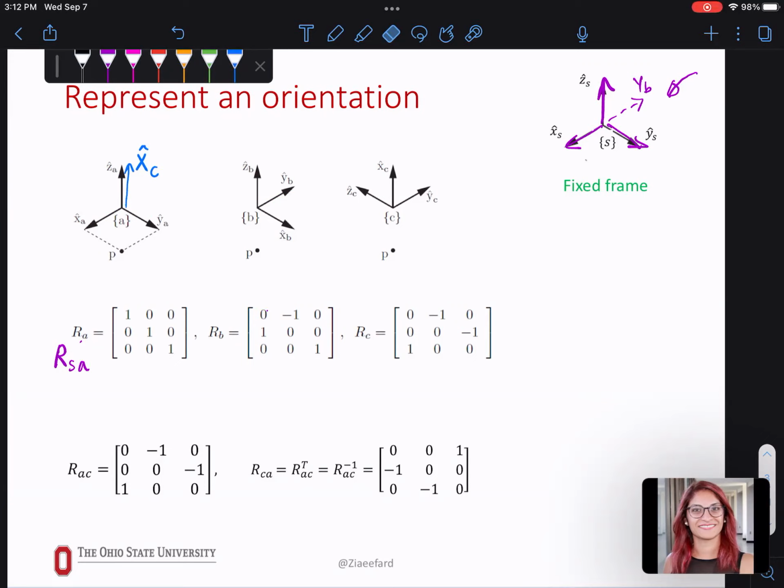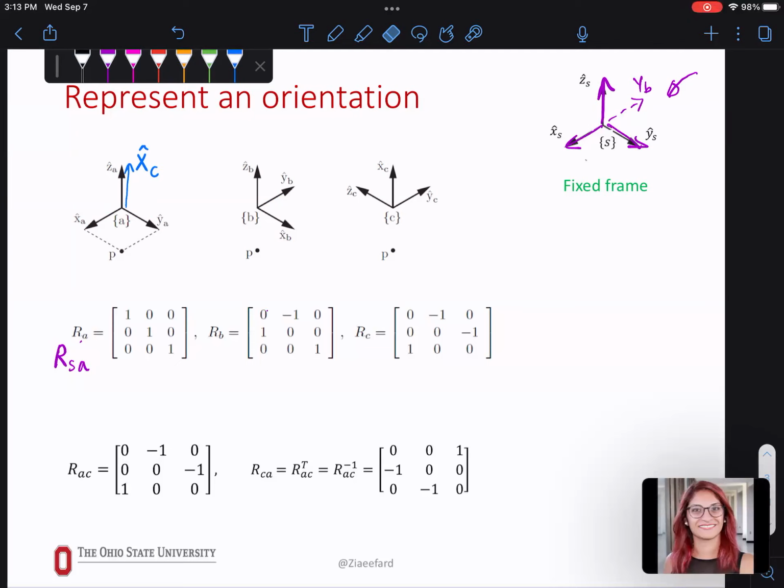Now, do you remember one of the specifications of SO(3)? We said that the transpose is equal to the inverse. Now, what if I wanted RCA? Is it the inverse of the other one? Well, we're just going to transpose AC because that was one of the specifications, right?